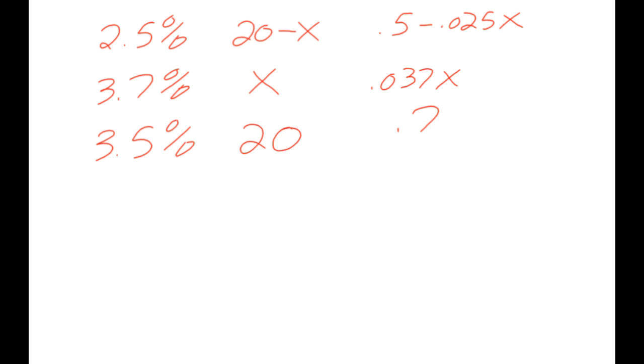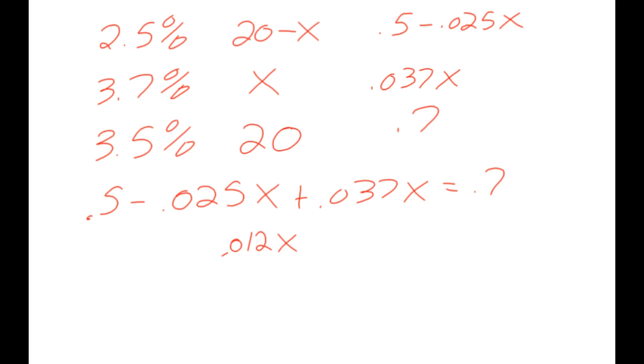I did it without using the table. So we have 0.5 minus 0.025x plus the 0.037x is going to equal 0.7. When we solve it, we end up with 0.012x equaling 0.2. So that is 16 2/3 gallons, or 16.6 repeating gallons.